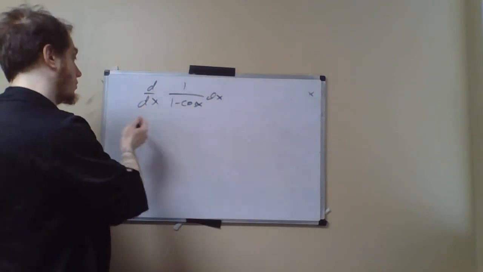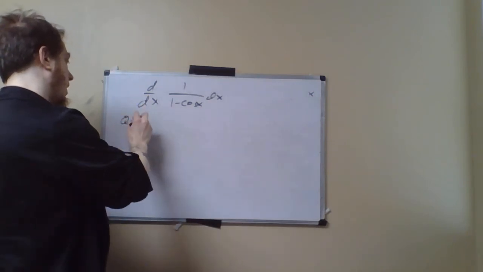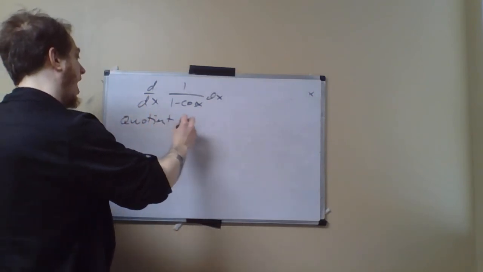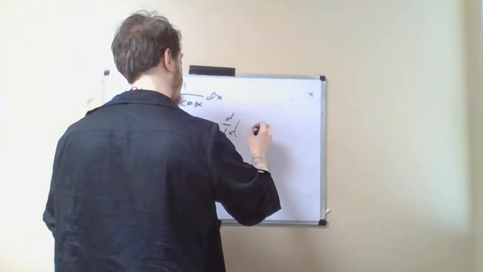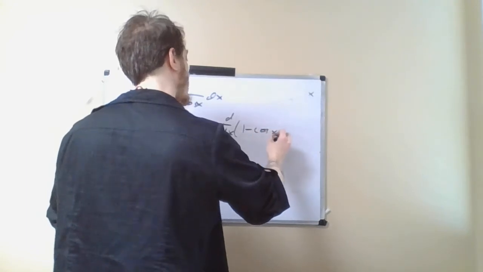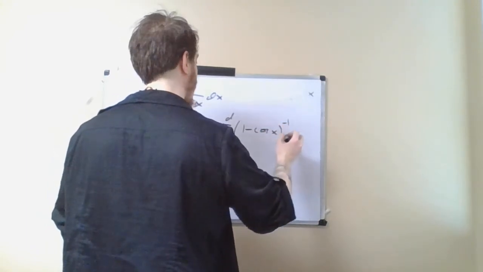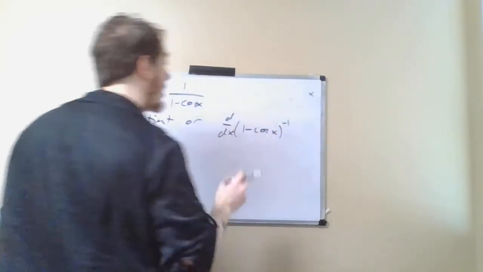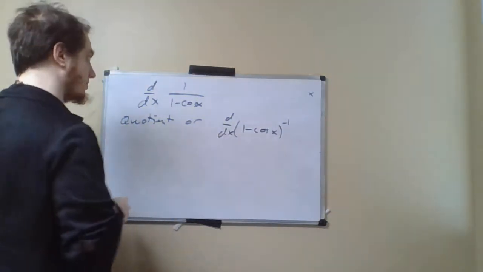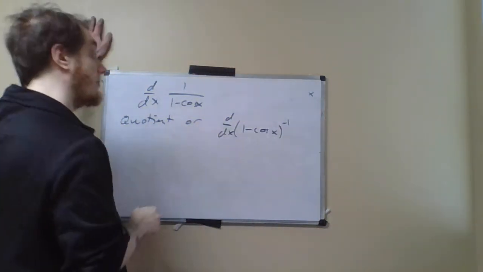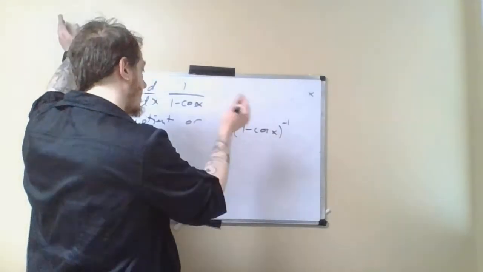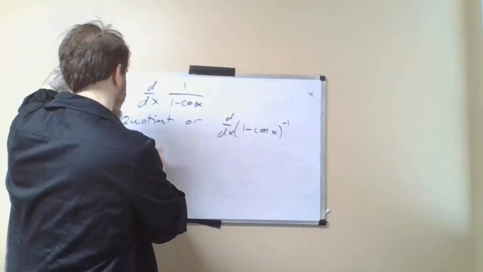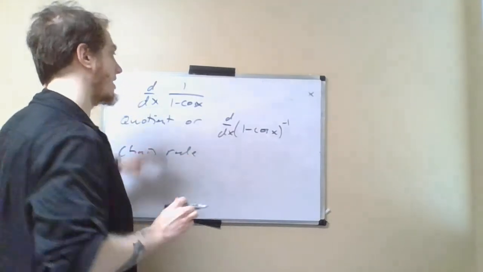We can either use the quotient rule, or we can think of this as the derivative of (1 minus cosine x) to the minus 1. Why did I put a dx on there? Because I'm used to writing these integrals and I'm just confusing myself here, randomly writing dx's because I'm used to putting dx's on the end. And then we can use the chain rule. And both of these will give us the same answer.